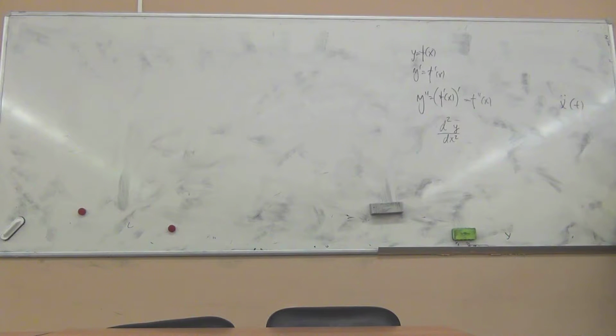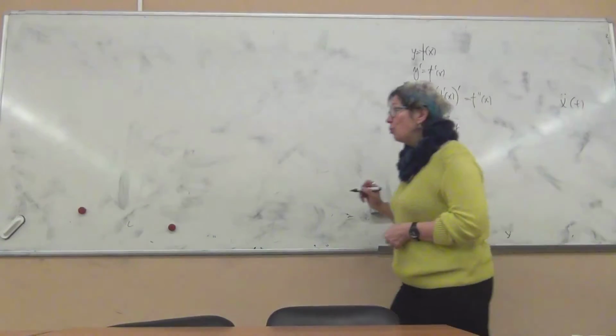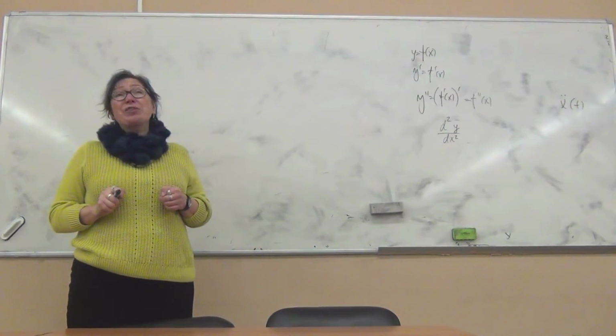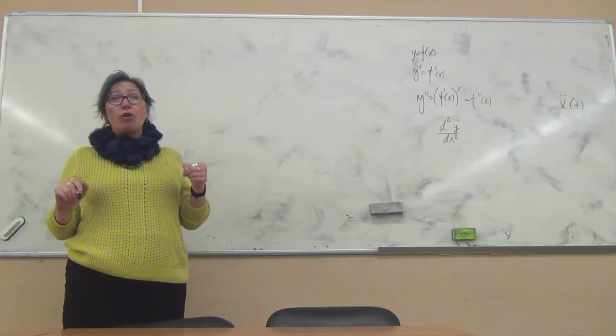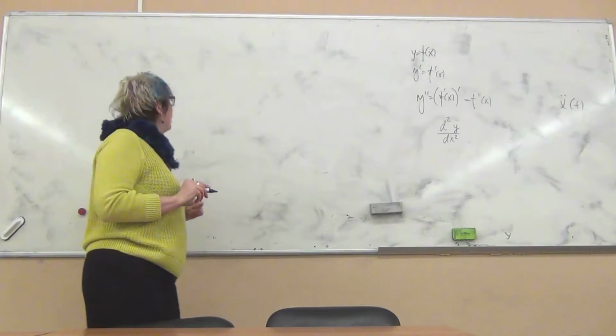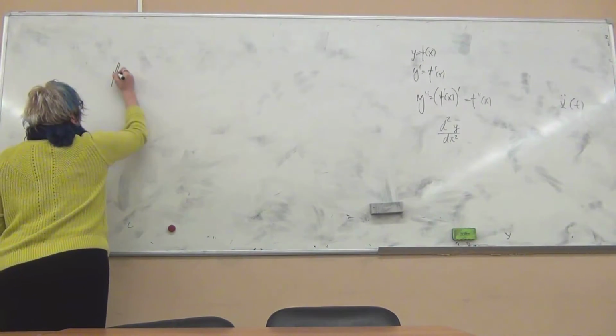But for the shape of the graph, we can use the second derivative in exactly the same manner as we use the first derivative for increase, decrease, and maximum, minimum points. In other words, we have a rule.